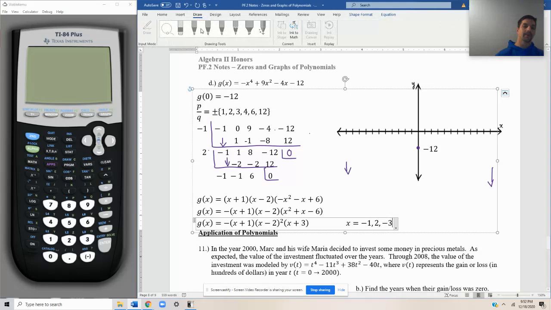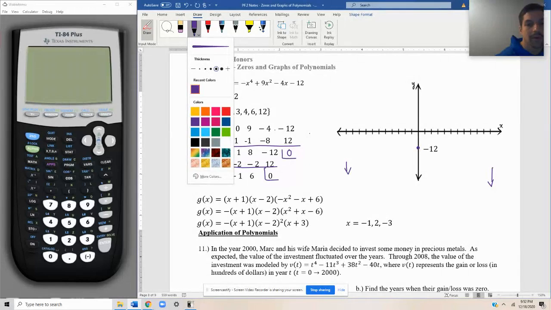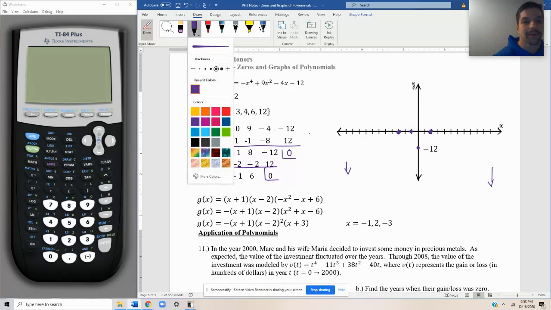So in this problem, we had to go through the process of using the possible rational roots theorem twice, go through synthetic division twice, and then finally we can factor to get to the very end. So I need an x-intercept at negative 3, I need one at negative 1, and I need one at positive 2. Again, it is going to bounce at positive 2.